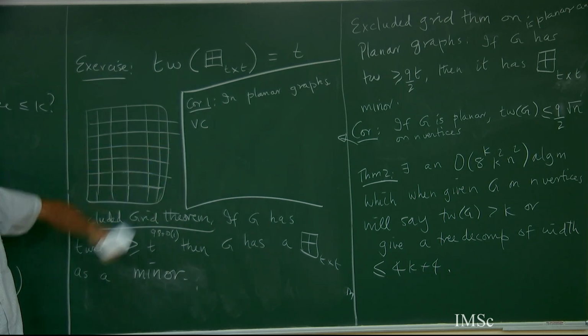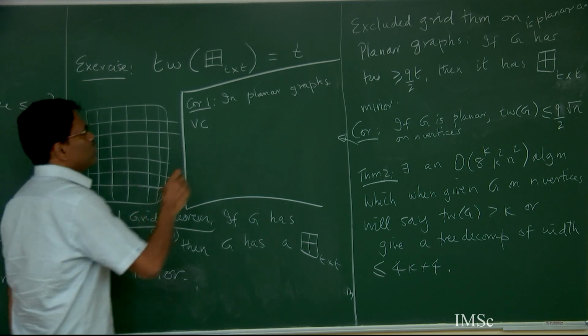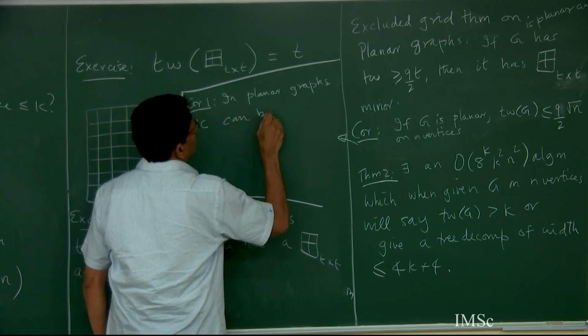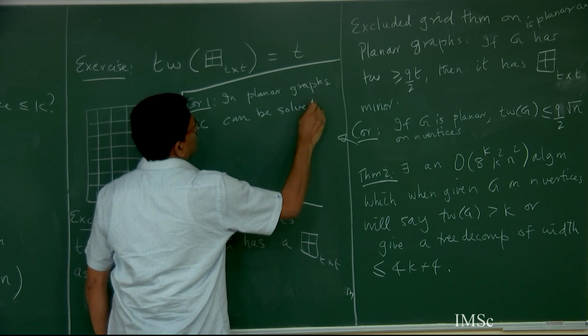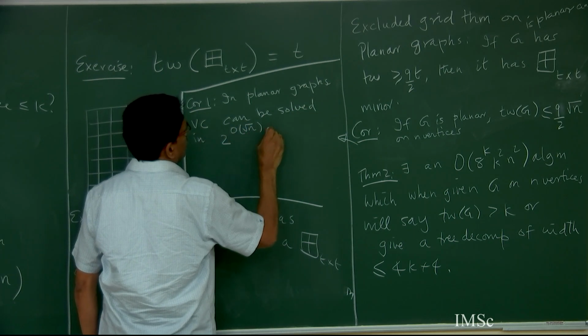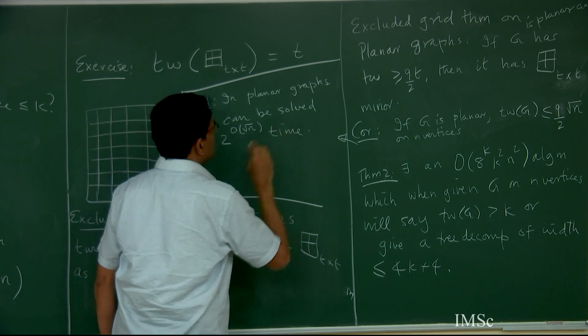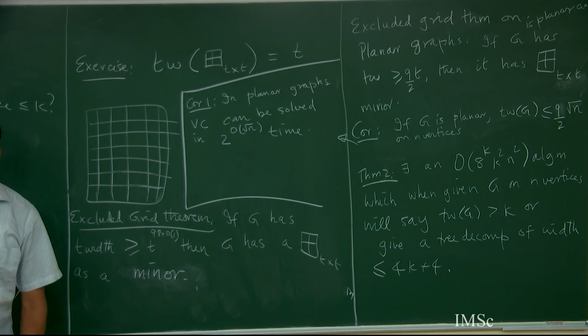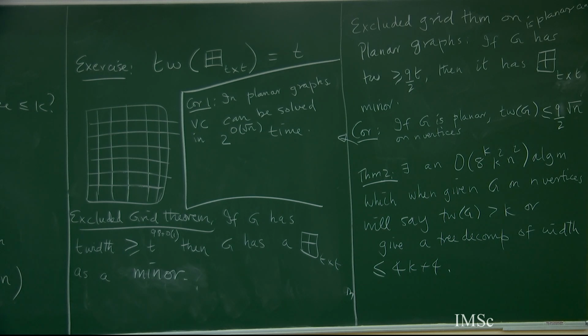Now tree width of a planar graph is some order root n, so you can solve it in 2 power root n time. This is impressive, right? Because you have a sub-exponential, it's still NP hard, but you have an algorithm which you can solve in square root of n time.